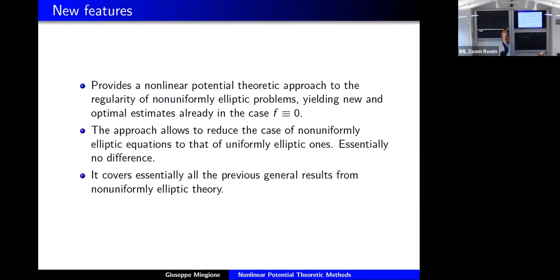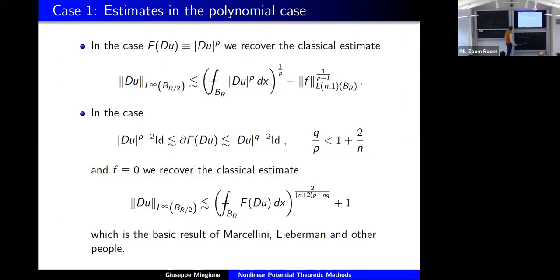In fact, that estimate, when p is equal to q, so you go back to the uniformly elliptic setting, gives you back the sharp estimate for the p-Laplacian case. Otherwise, when you have p and q, you get exactly the same Cianchi's estimate. So that estimate catches everything. You just have to specify G1 and then you get all these things. This is sharp because you cannot get better than L^1.